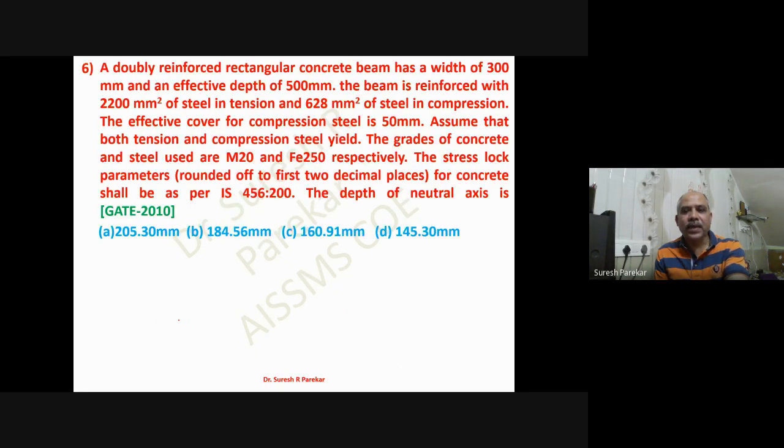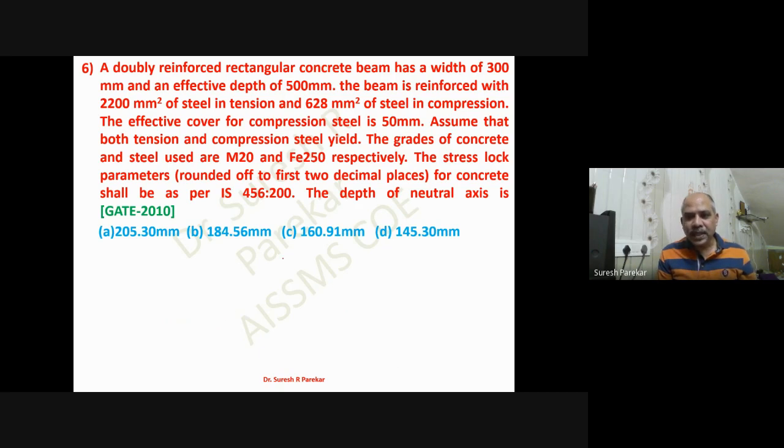Then a doubly reinforced section is given. 500 mm effective depth is given. Steel area on the tension side is 2200 and on the compression side 628. Fe 250 is given, and the stress block parameters for concrete are as per IS 456, and we have to find out the depth of neutral axis.